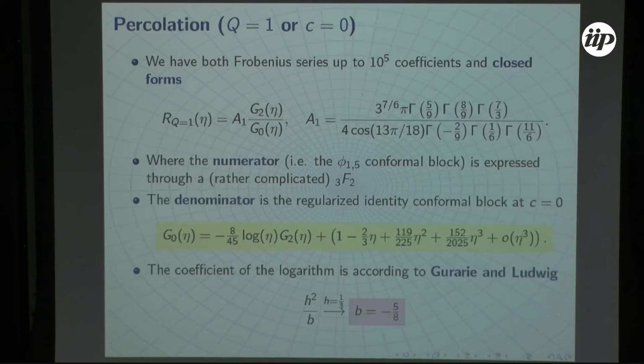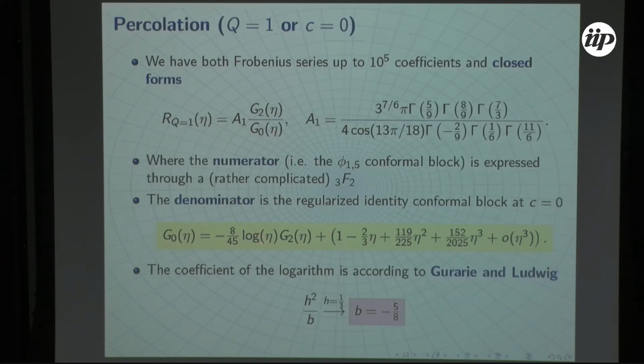Okay, so now, of course you can do also series expansion. And then the series expansion with Mathematica, you can go to very, very large order. Eta to, I don't know, 10,000. Even more. Okay? And then you see that the denominator of this function, the denominator G0, has a logarithmic singularity, as expected.